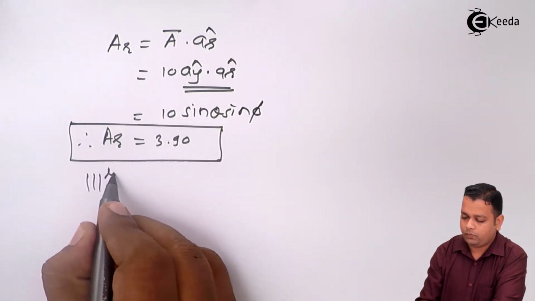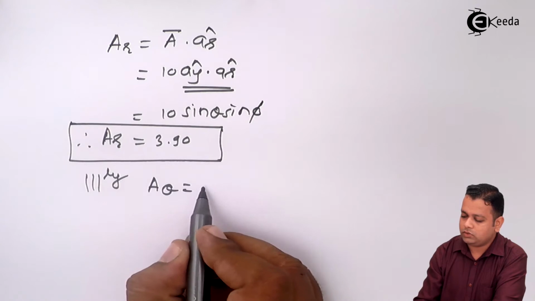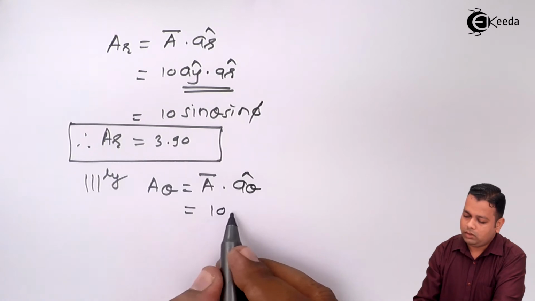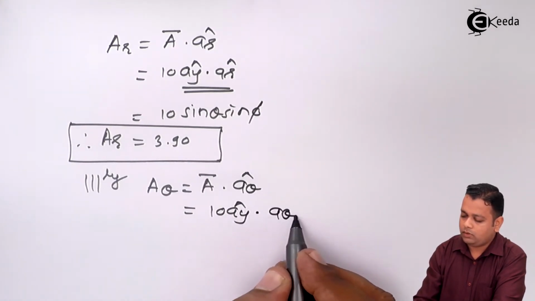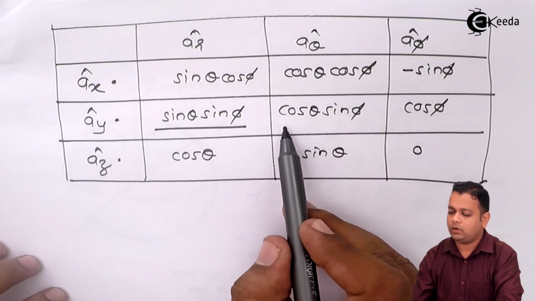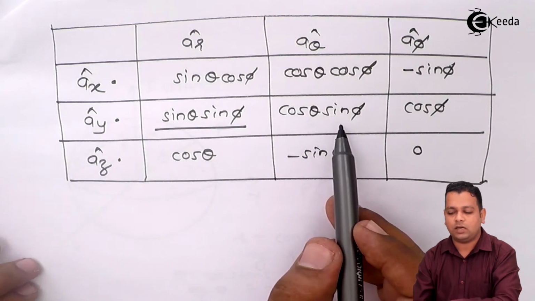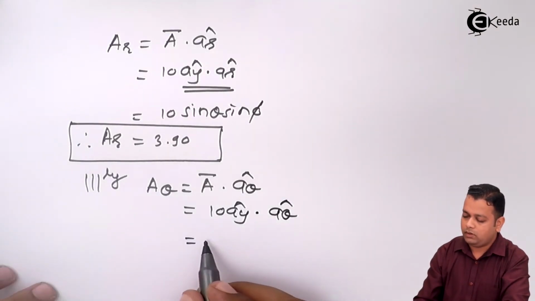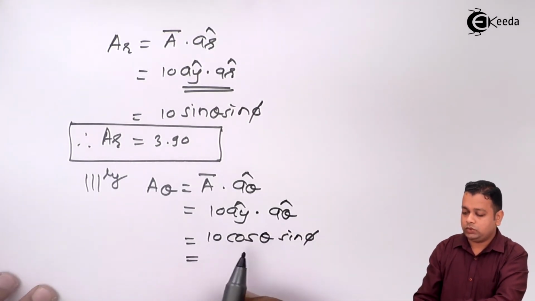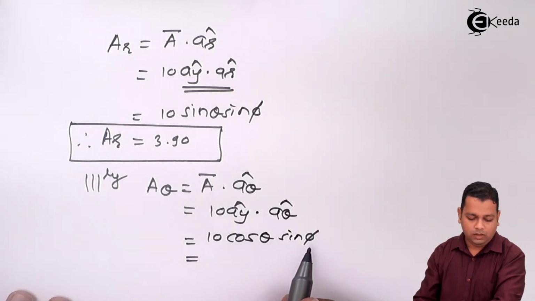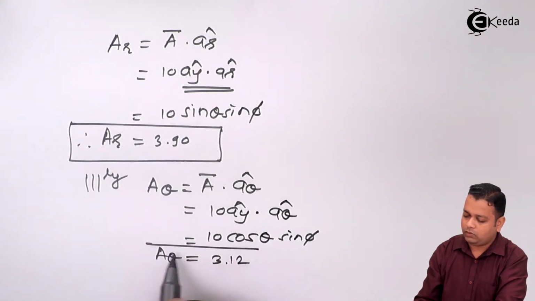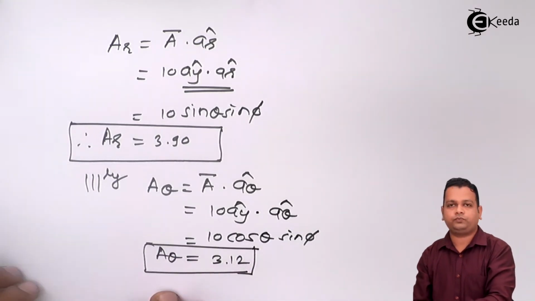Similarly, we find A theta is equal to A bar dot A theta cap. So this is equal to 10 AY cap dot A theta cap. Here AY cap dot A theta cap is nothing but cos theta sin phi. So here we write 10 cos theta sin phi. Substituting the values of theta and phi, we get A theta equal to 3.12.